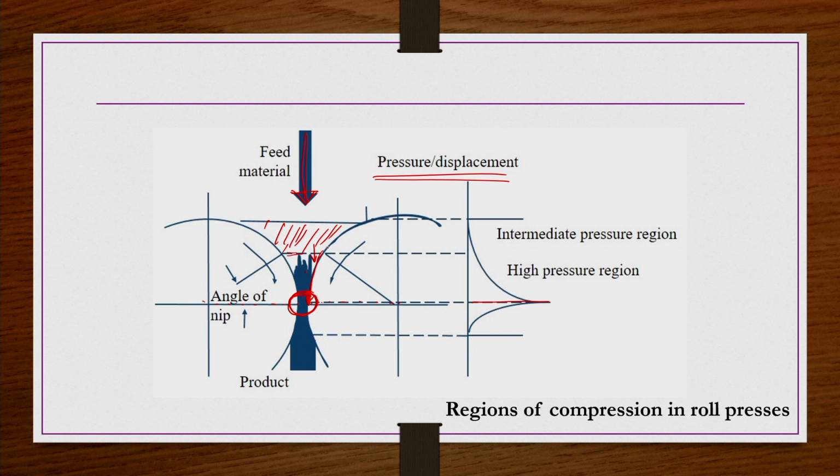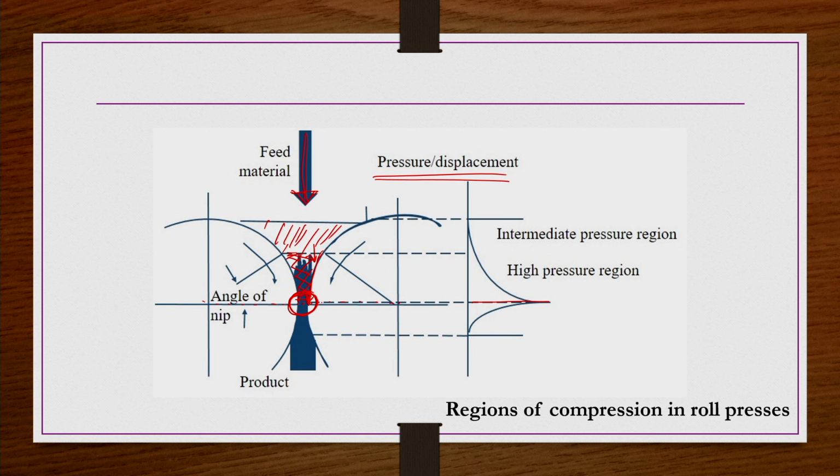From here, the moment they start interacting with the rolls, the high pressure region starts. So this is the high pressure region, and it is maximum at the center, at the point of the center lines, the two center lines joining.